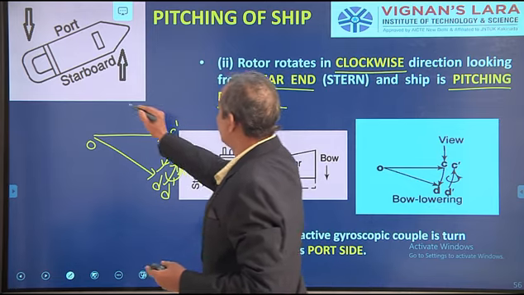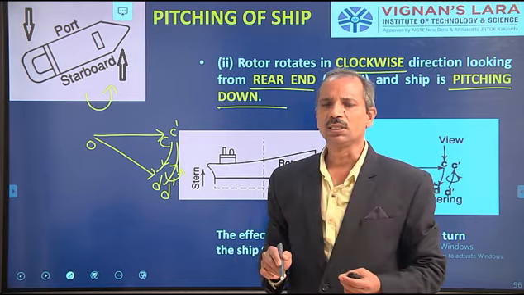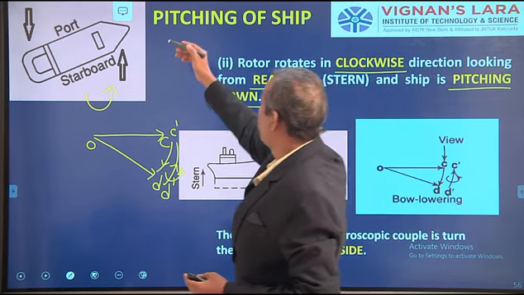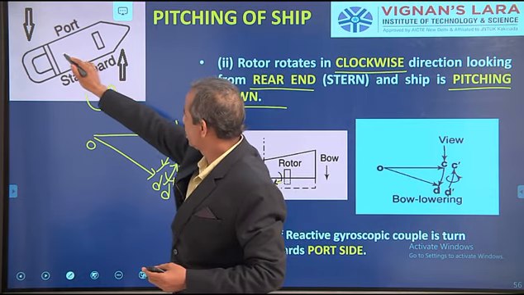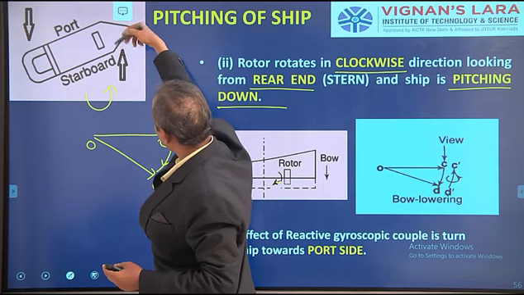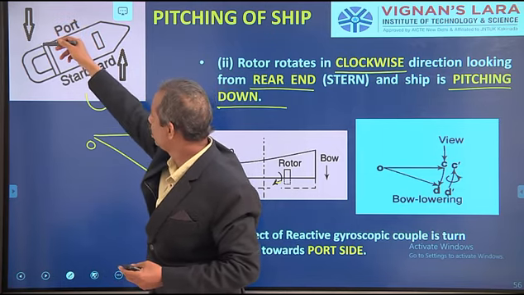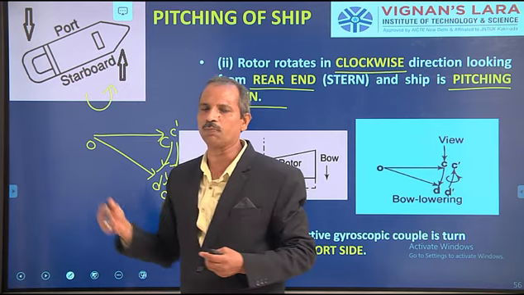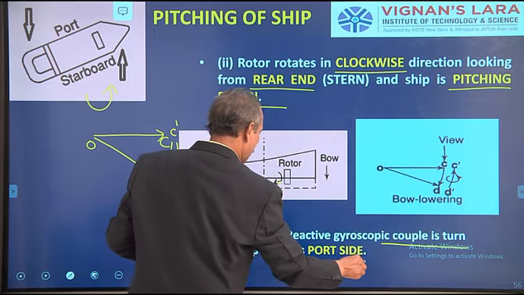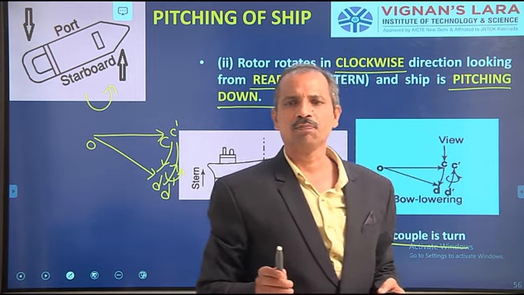Such a force, if I apply on the ship, then the ship moves towards port side. That means the diagram is indicating this force is moving the entire ship towards port, and that force, this is a couple, is causing towards the starboard. So the ultimate outcome is the ship is turning towards the port side.